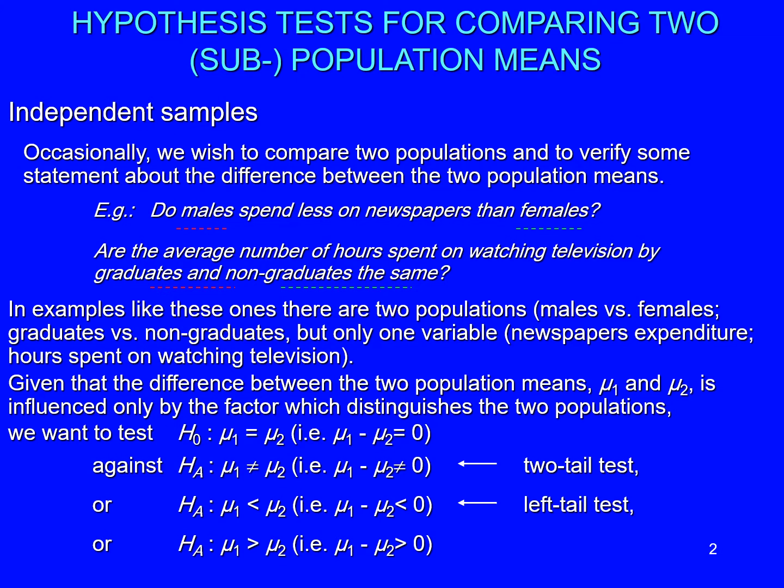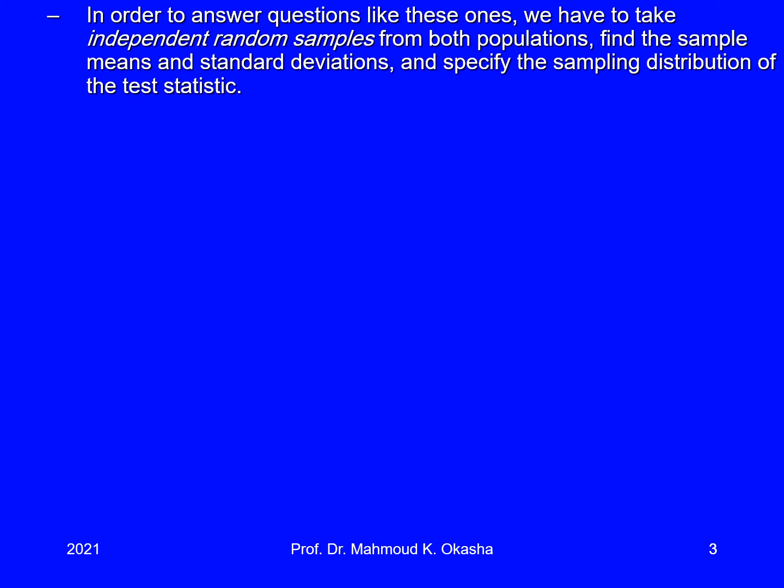In other words, mu1 minus mu2 is greater than 0, which is the right tail test. Right? In order to answer questions like that, we must first estimate the parameters using point estimation.